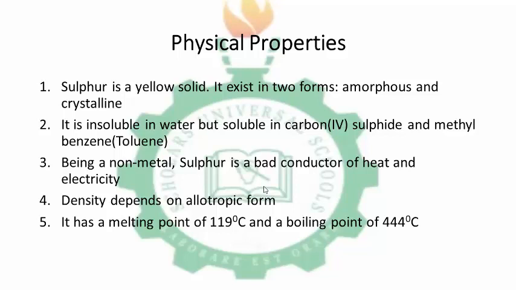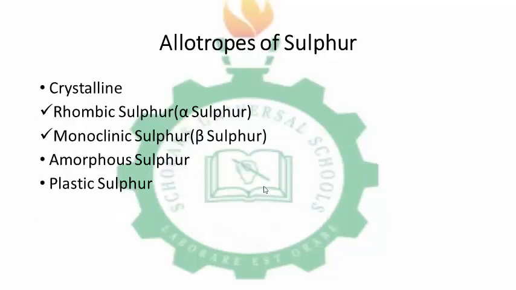Also the density of sulphur depends on the allotropic form of the sulphur we are viewing. And sulphur has a melting point of 119 degrees Celsius and a boiling point of 444 degrees Celsius. That's quite high.